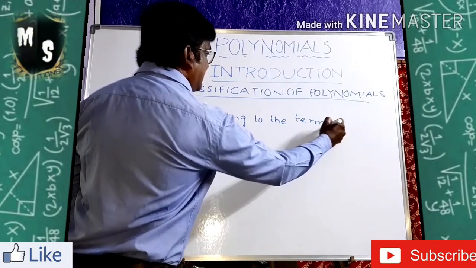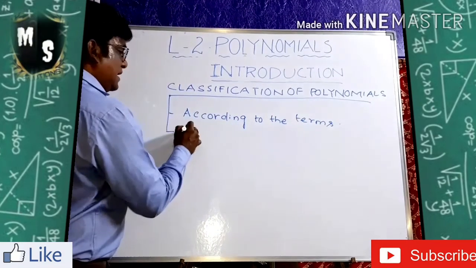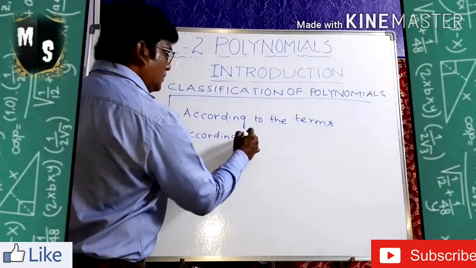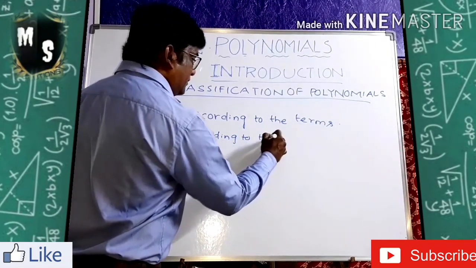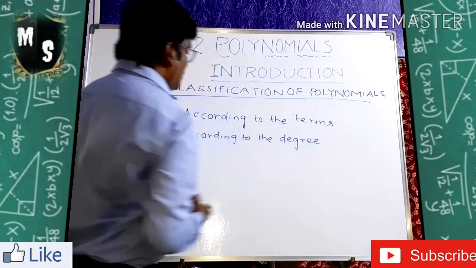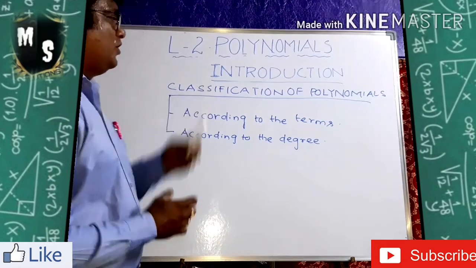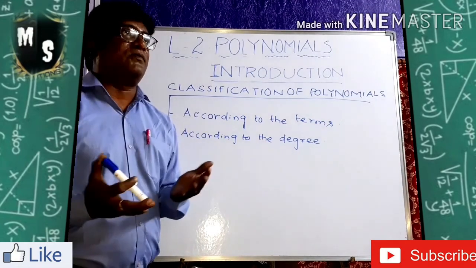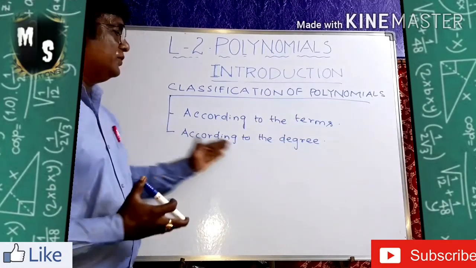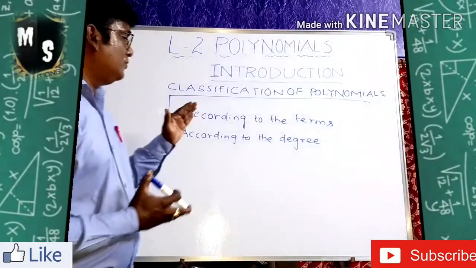The second classification is according to the degree. So polynomials can be classified according to terms and according to their degrees. Let's come to the first point first.